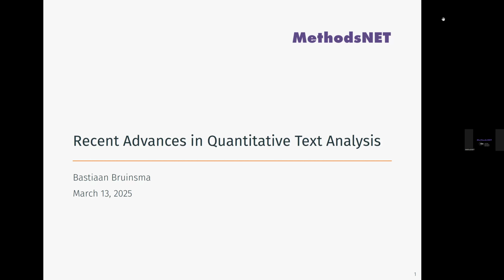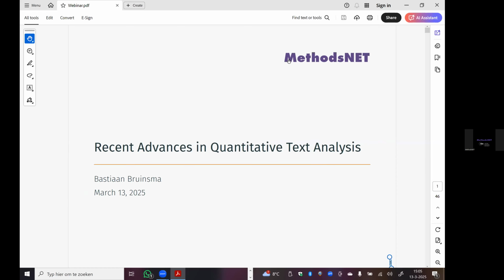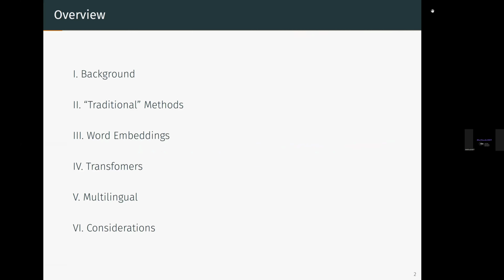We're going to take an hour, roughly, depending on how much time we can put in. So let me give an idea of what we're going to do. I first want to talk a little bit about the background. So what's the idea of text analysis? What do you need to know? Then I will tell you a little bit about what I will call traditional methods.